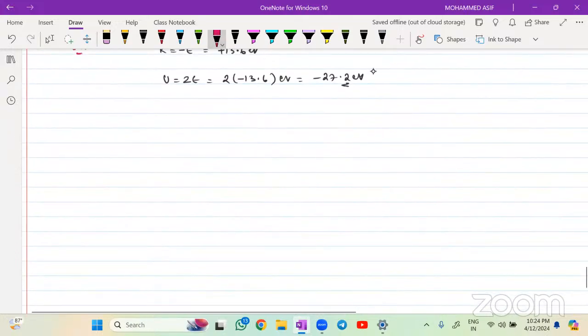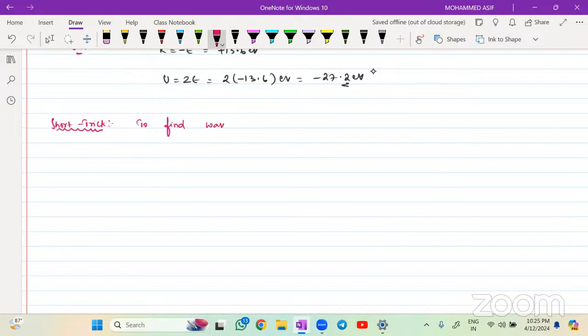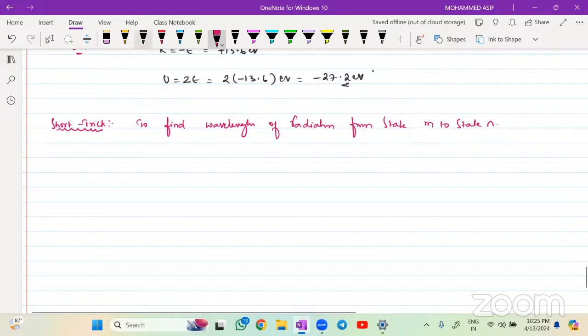Now this one is also a very important short trick. In modern physics, to find the wavelength of radiation from state M to N, how do you calculate it?